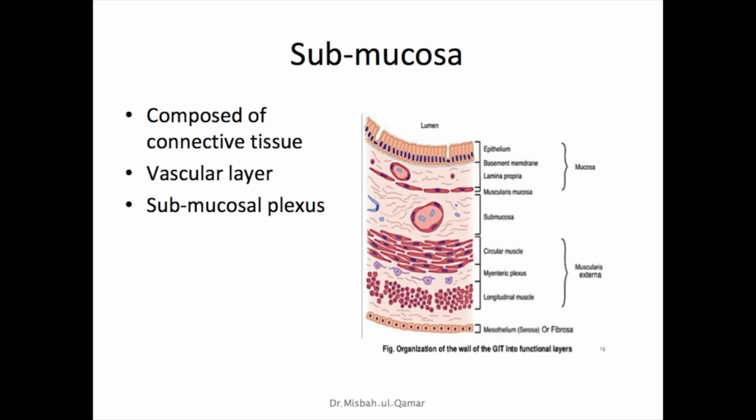Let me now give you a brief description of the structure and the components of submucosa, which is regarded as a highly vascular layer. It is composed moderately of dense areolar connective tissue. And then it also contains a part of the submucosal plexus of nerves in addition to glands and lymphatic tissue.